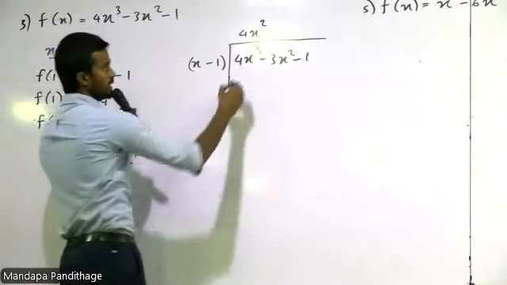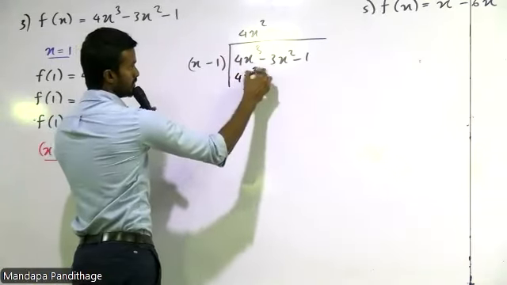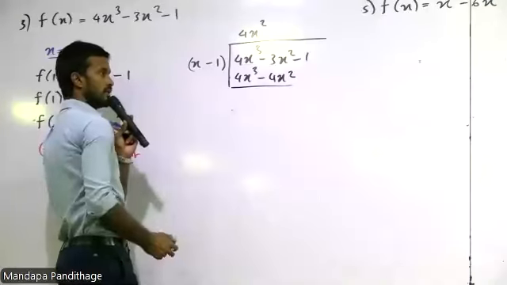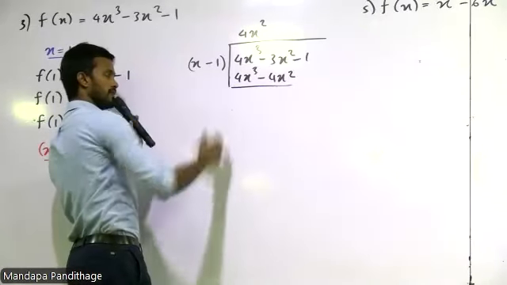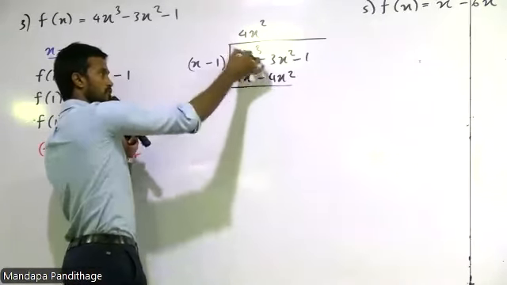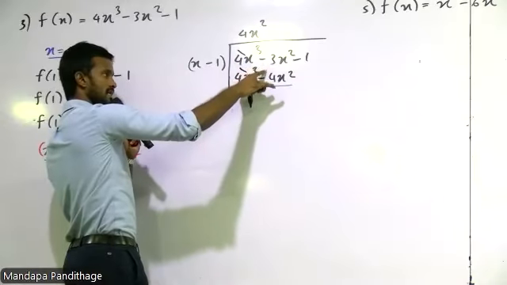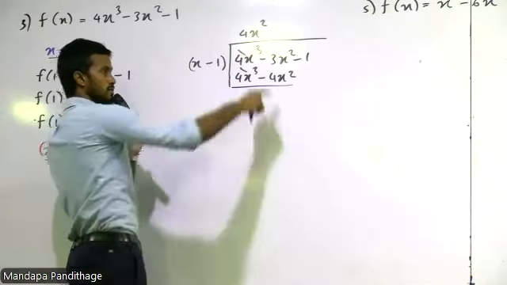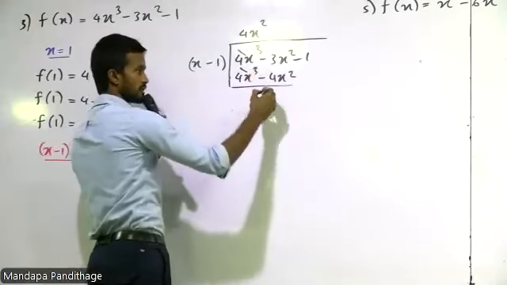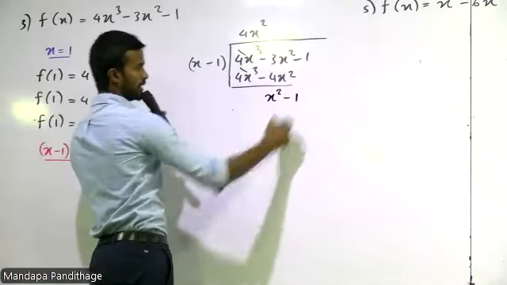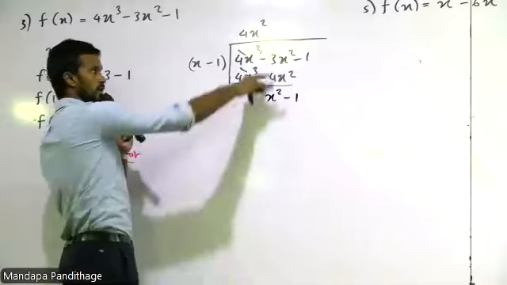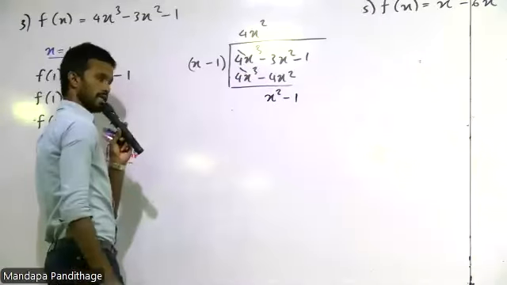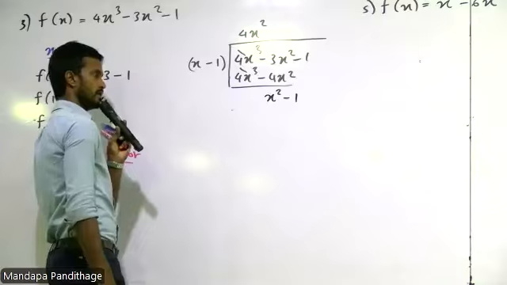When you multiply, it's 4x cubed minus 4x squared. Basically you subtract this from this. So 4x cubed cancels off, and minus 3 minus minus 4 gives you plus 1. So it's plus x squared. Got it? Minus 3 plus 4 gives you plus 1.